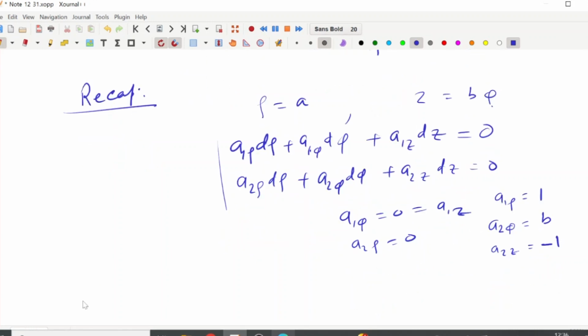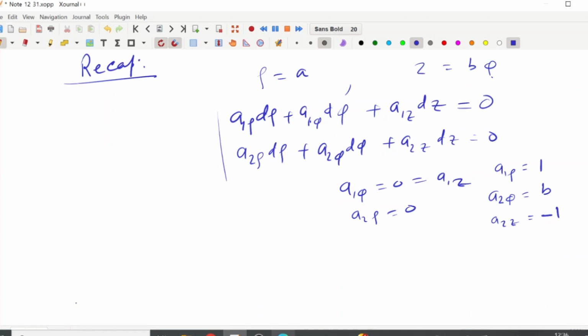Okay, and then you have to write the Lagrangian. So, we wrote the Lagrangian L in cylindrical coordinates, which was half m times rho dot square plus rho square phi dot square plus z dot square, without constraint now.